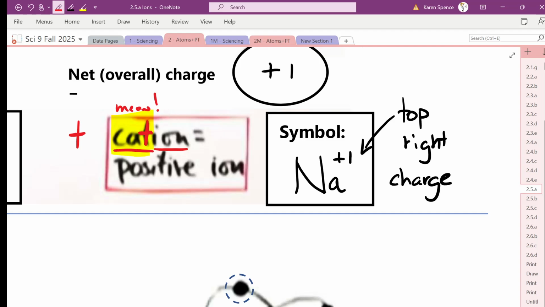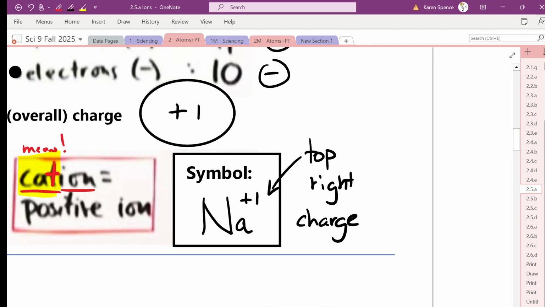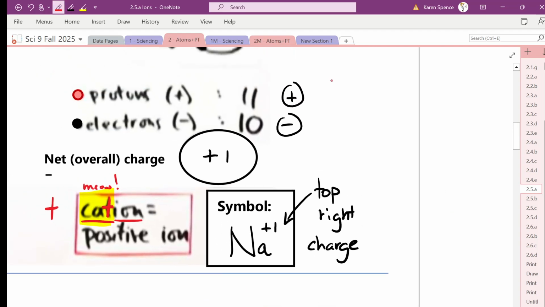There is another way to remember it as well. Cats have, what do they have? Pause.